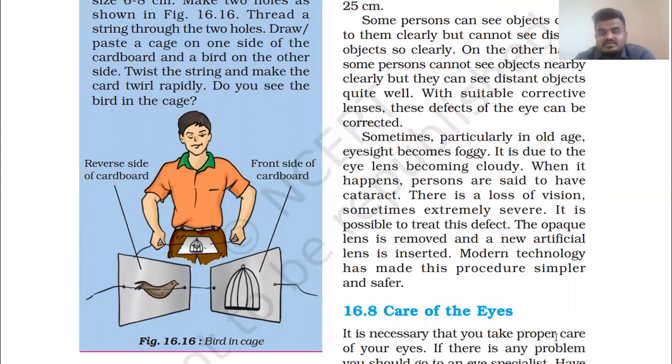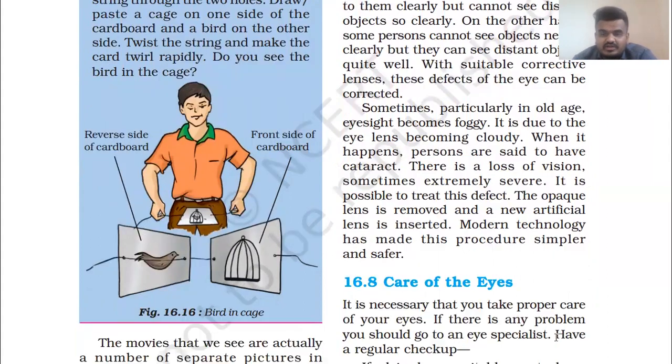Today, because of so much technology, the opaque lens is removed and a new artificial lens is inserted. Modern technology has made this procedure simpler and safer. We can just change the lens of our eye also. So I hope you are clear with this.